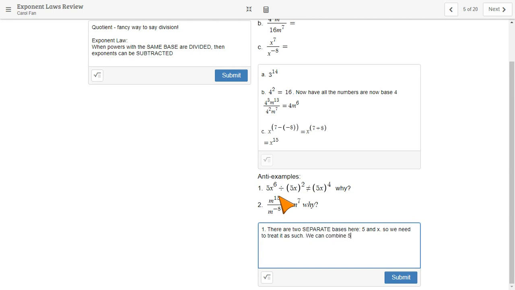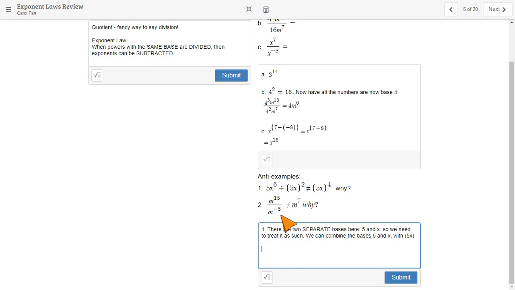We can't combine the bases 5 and x with 5x together. Okay, so we will be able to do this question, but it does not end up like this.